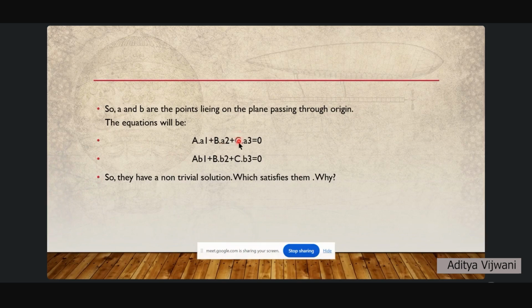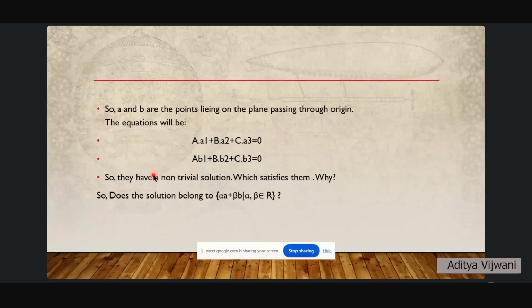Because there are two equations in three variables. So there was a theorem, right? M equations in n variables. Then we had cases m greater than n, m less than n. So here two equations in three variables, right? So there it has a non-trivial solution.